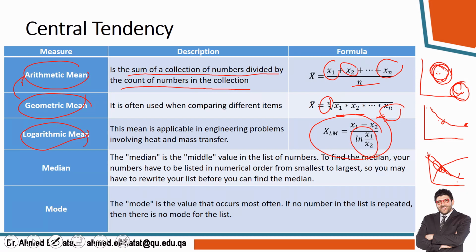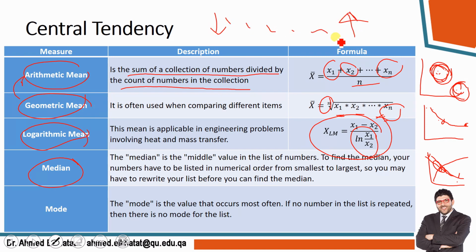Median is the middle value among numbers, provided that you put them in order from the lowest to highest. So if you have a set of data and you want to find its median, just order the data from the smallest value until the largest value.